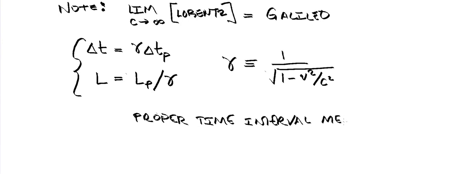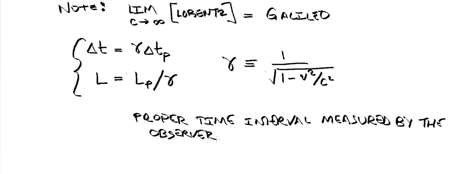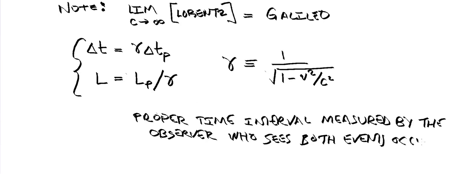The proper time interval between two events is measured by the observer who sees both events occur at the same point in space.